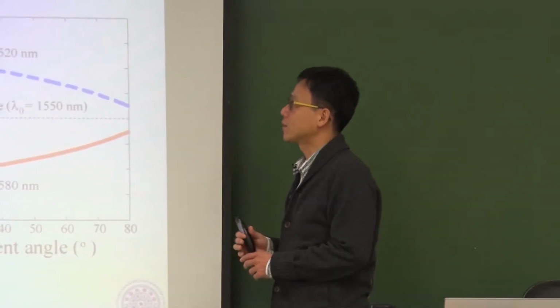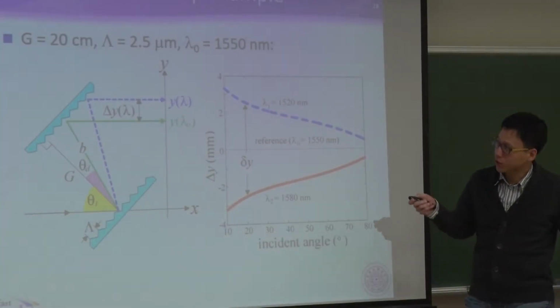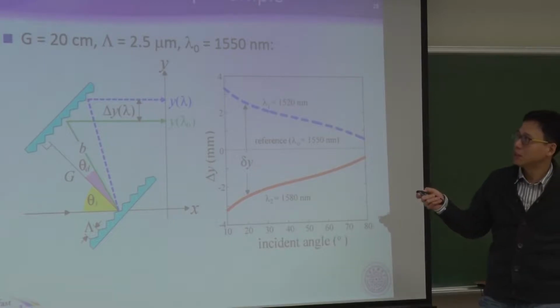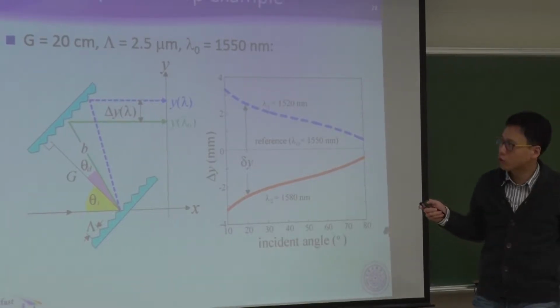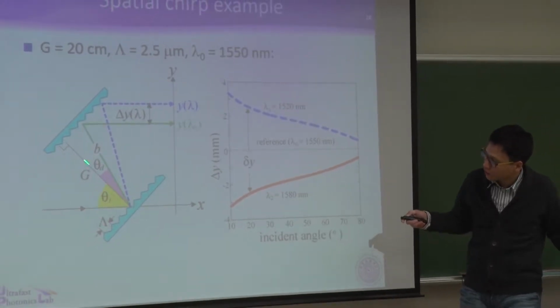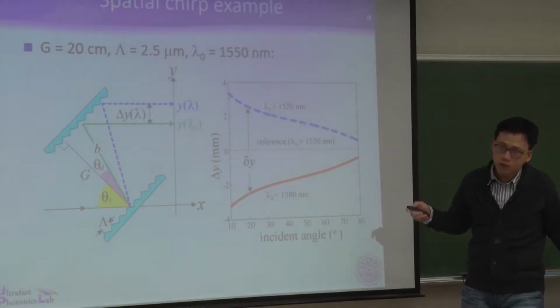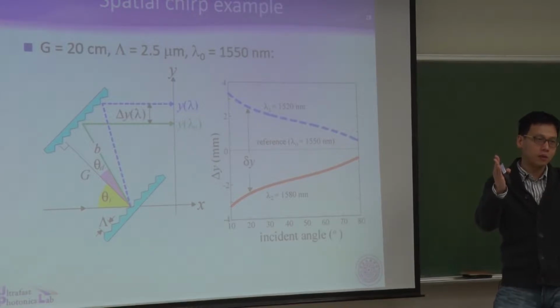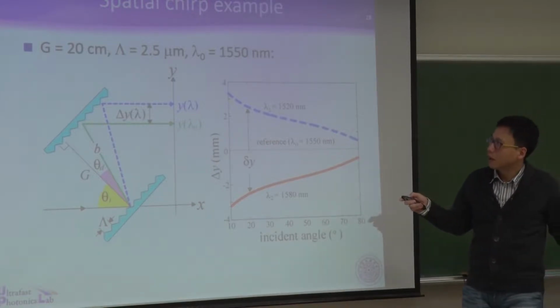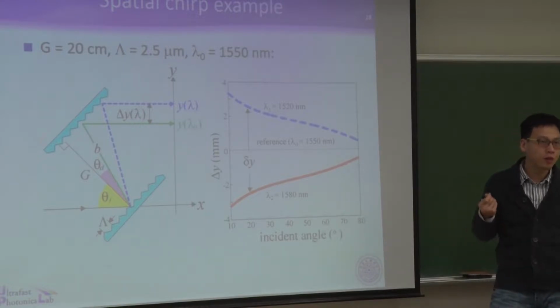Let's see one example. Actually, these parameters appeared in the previous example. G is the normal separation between the two gratings, defined here. We assume it's 20 centimeters. Grating pitch is 2.5 microns, so it means 400 grooves per millimeter in spec.